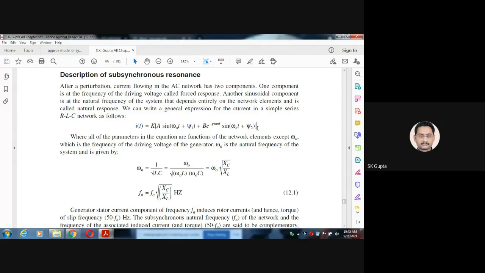So before closing this lecture today, can you tell what is resonance in general? What you generally study in circuit theory, what is resonance, so that once you understand the resonance, we are able to understand everything in detail about the subsynchronous resonance. So may I ask, what do you understand by resonance?